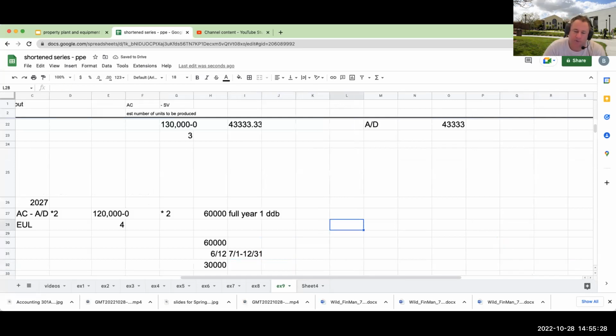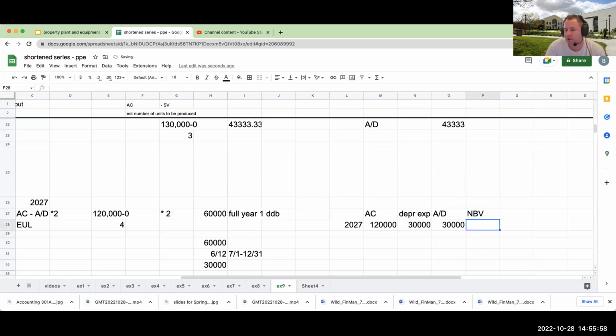When I'm using double declining balance, I have to use my formula, my chart, because I always have to worry about over depreciating an asset. So I've got 2027, my acquisition cost is 120,000. My depreciation expense, year one, is 30,000, meaning my accumulated depreciation for the first year of the asset in 2027 is just what I took during the current year.